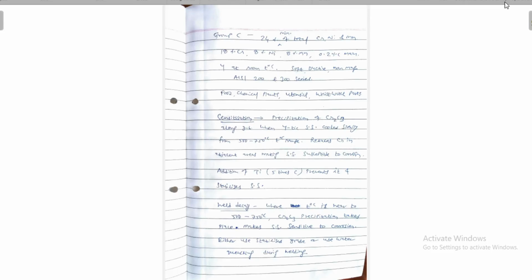What is the specialty of this group C steel? 24% minimum of total chromium, nickel and manganese should be there. Total percentage of chromium, nickel and manganese should be minimum 24%.